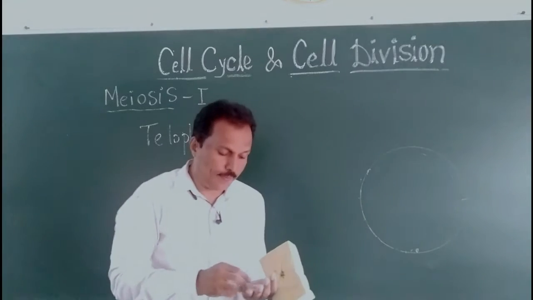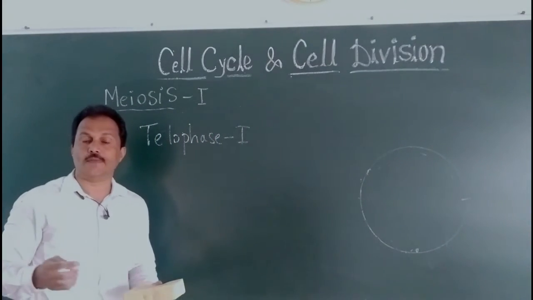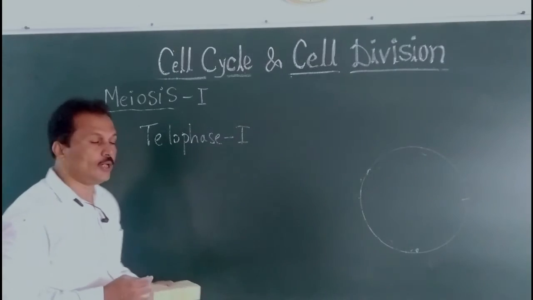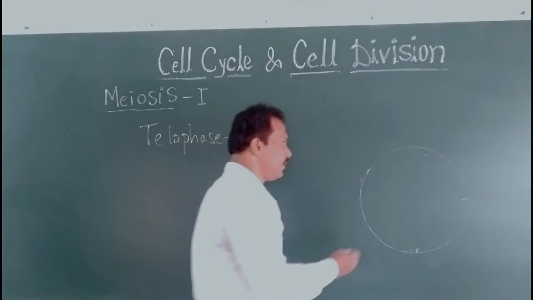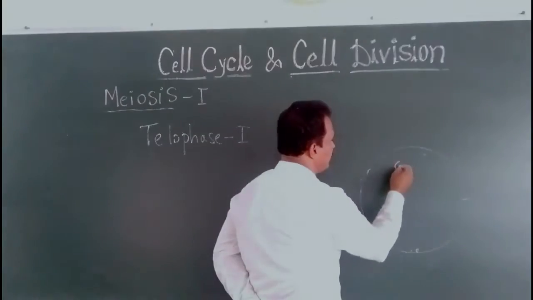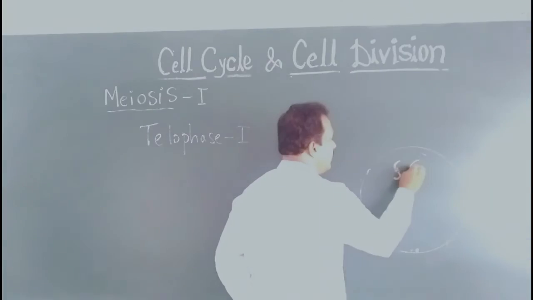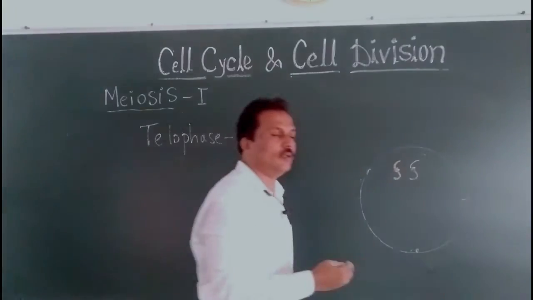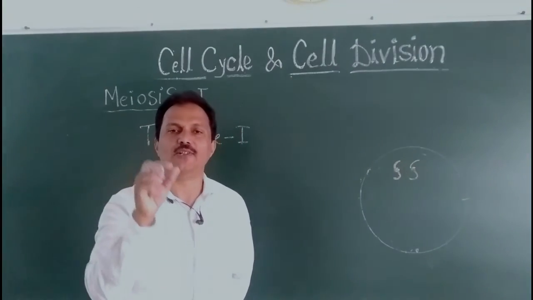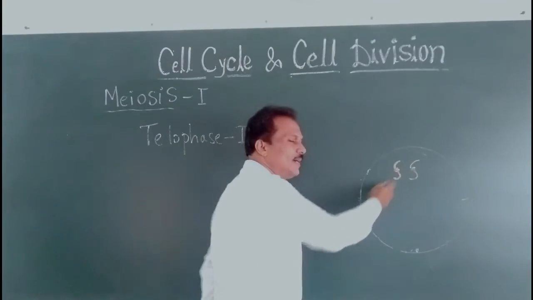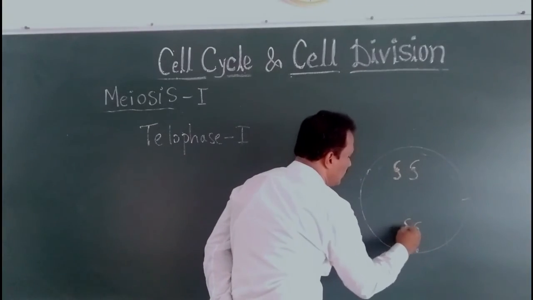The chromosomes have reached this point, and they are getting decondensed. You will find somewhat thin chromatin fiber-like structures at the opposite poles.